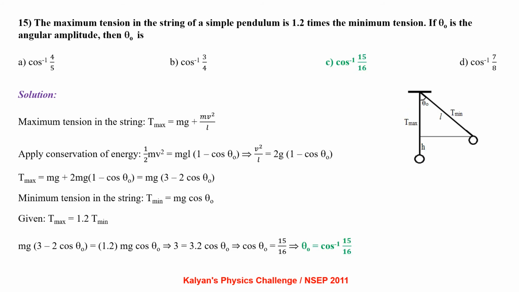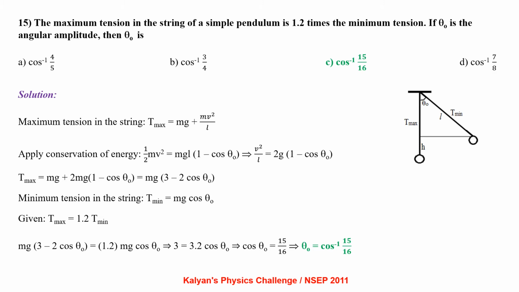The maximum tension in the string of a simple pendulum is 1.2 times the minimum tension. If theta naught is the angular amplitude, then theta naught is equal to? Maximum tension in the string T max equal to mg plus mv square by L. Applying conservation of energy, half mv square equal to mgL of 1 minus cos theta naught, from which v square by L equal to 2g of 1 minus cos theta naught.